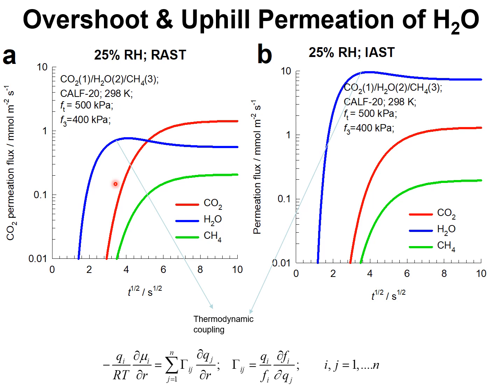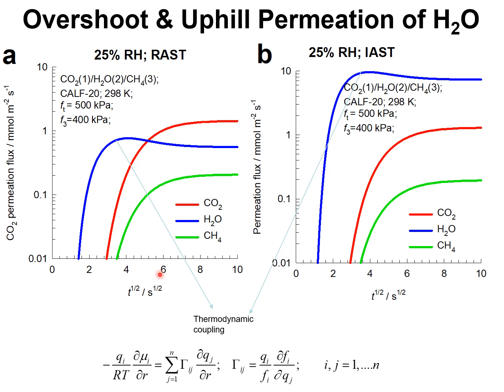As observed in the earlier slide, the permeation flux for water exhibits significant overshoot, implying the occurrence of uphill permeation. This uphill permeation is caused by the non-diagonal elements of the matrix of thermodynamic correction factors.